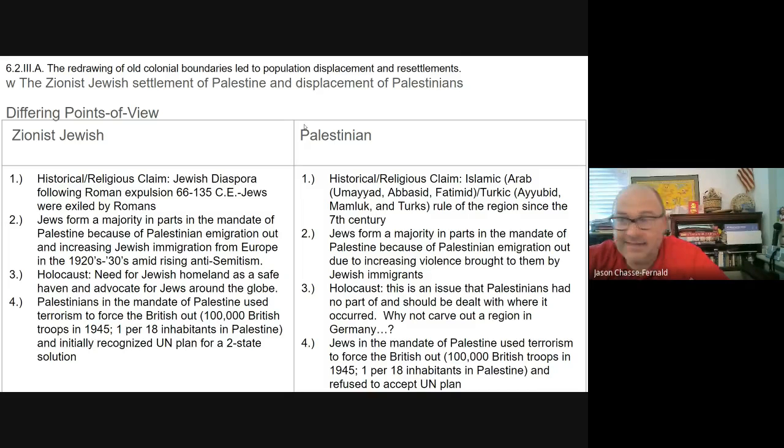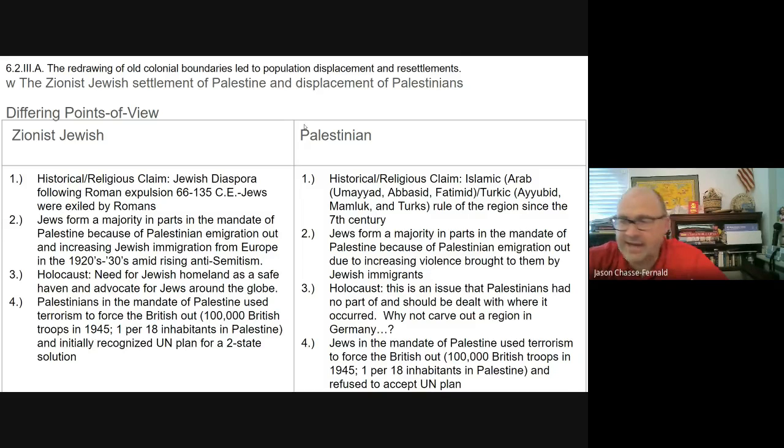So there's that angle on it, and then sometimes you'll also see that there was a lot of violence towards the British, resulting in the partition. From the Zionist perspective, you'll sometimes hear that Palestinians in the Mandate of Palestine used terrorism to force the British out, and that the Israelis and the Jews cooperated with the United Nations partition plan.